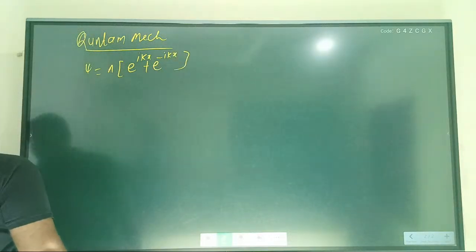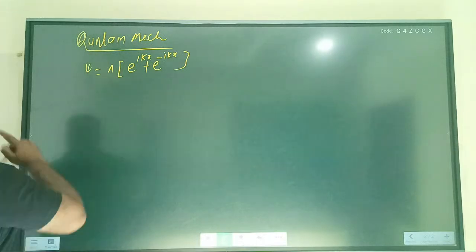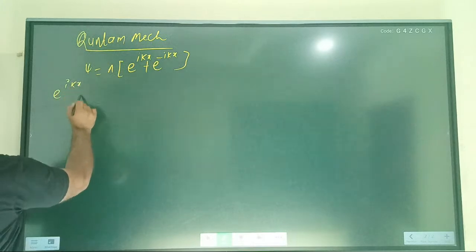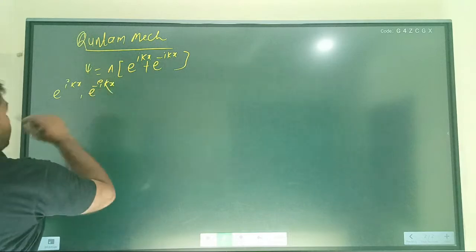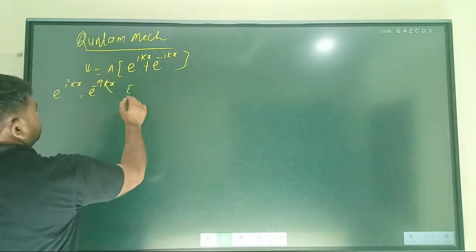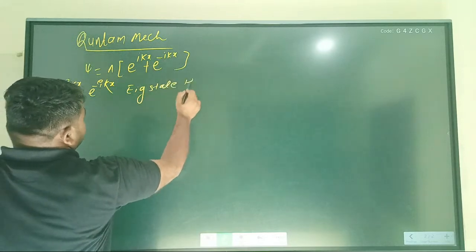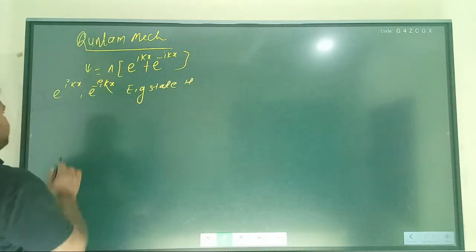Now, e to the power plus ikx and e to the power minus ikx are eigenstates of the Hamiltonian H. Okay. And here they are given free particles.